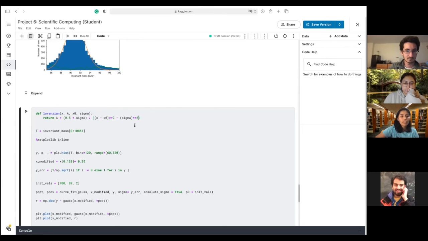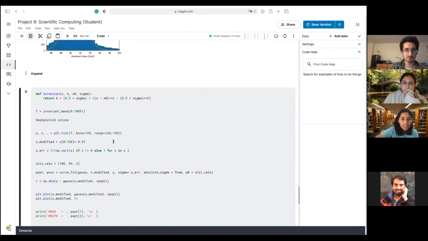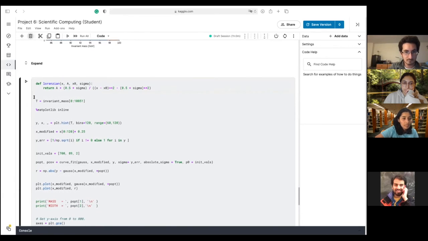So if we define another function called Lorentzian here, which also has a peak in its structure, we could define it this way, just to be consistent. And then we basically do the same thing here.